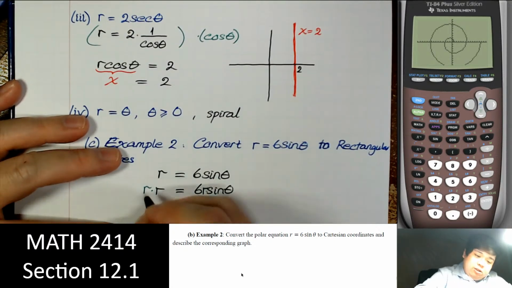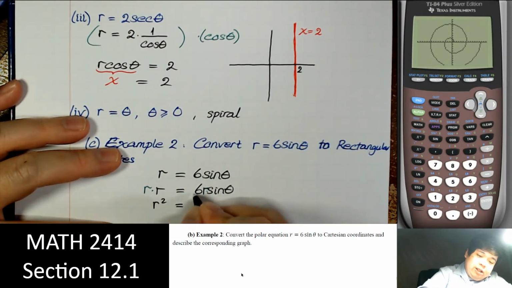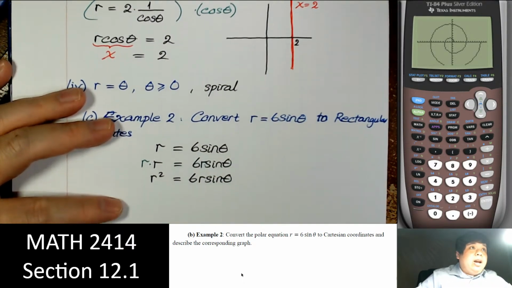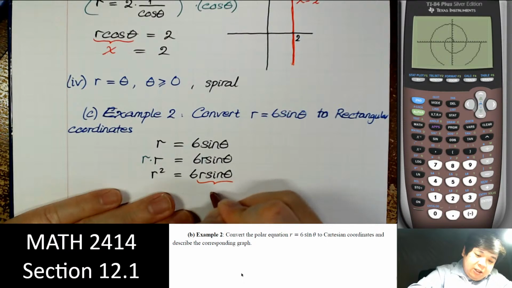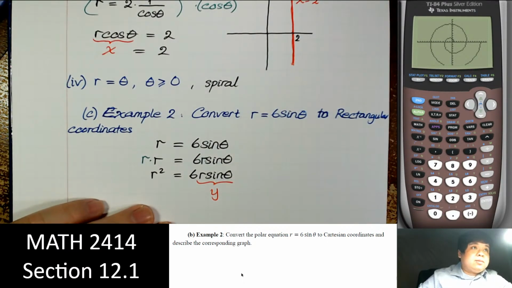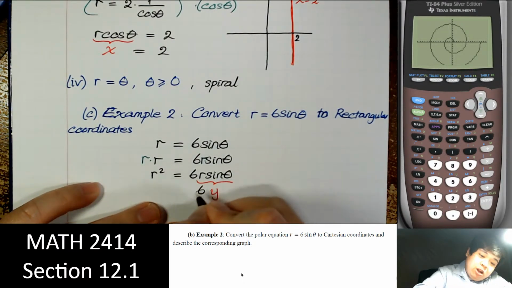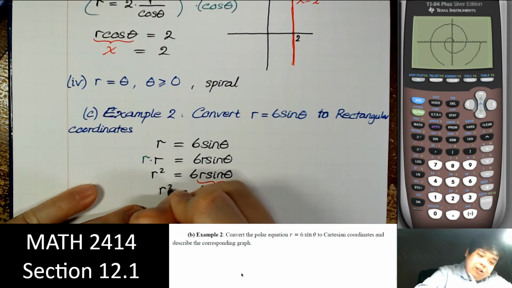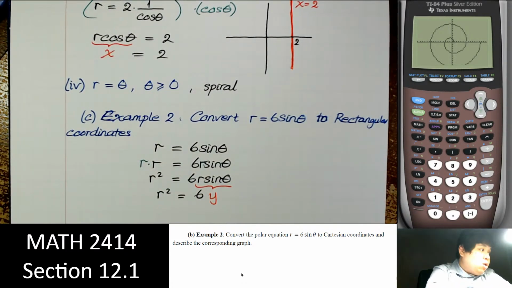R times r is r squared, and that gives us 6 r sine theta. And r sine theta is y. So don't square both sides, but multiply r on both sides instead.